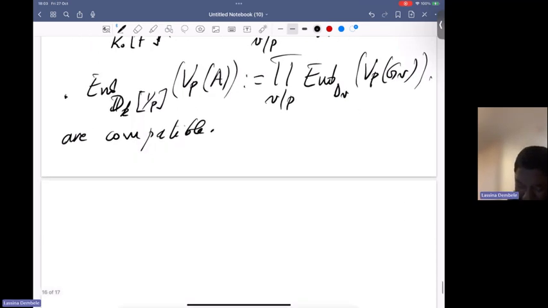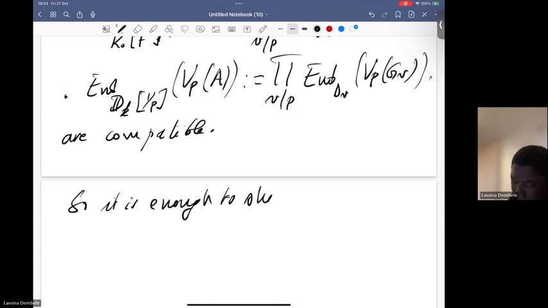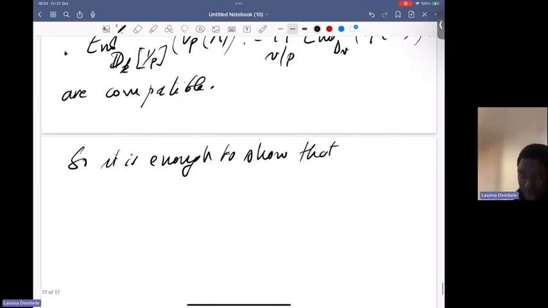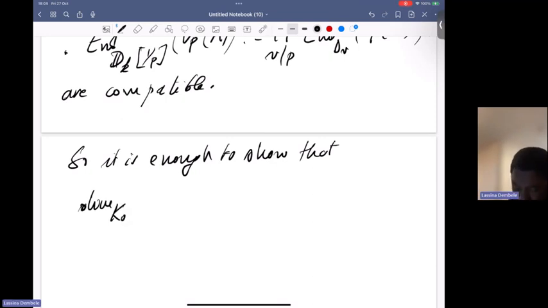So what that means is it is enough to show that, if I take the dimension, so basically I compare the factor one place at a time.